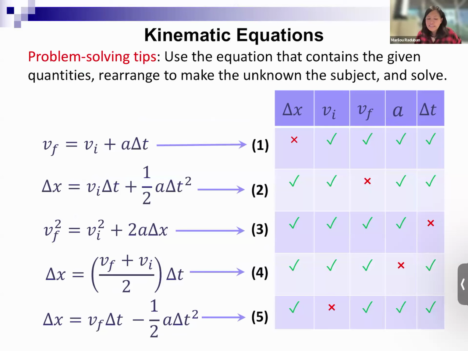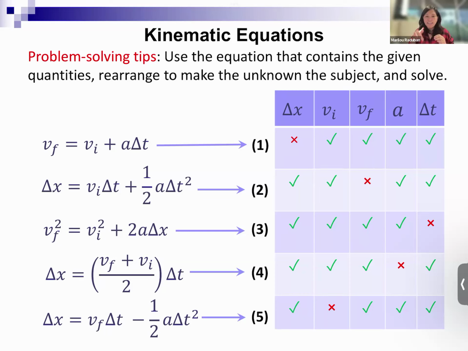But using these kinematic equations is pretty simple, because as you can see here, each of the kinematic equations will always contain 4 out of 5 kinematic variables. The green tick marks tell you which variables are contained in a particular kinematic equation. The red X's tell you which variable is missing in a particular kinematic equation.